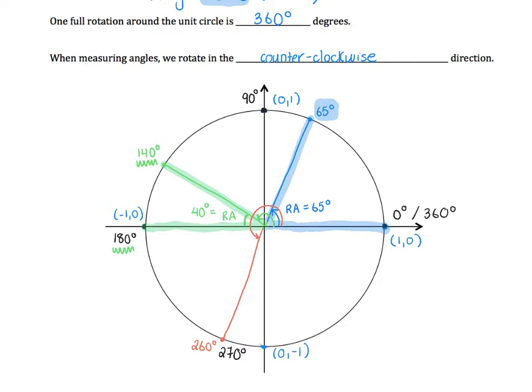Now you might ask, how do I know to draw that angle and not this one? Because here and here, well, that's also, right? This right here is also an angle between my angle and the x-axis, but guess what? That's not acute.